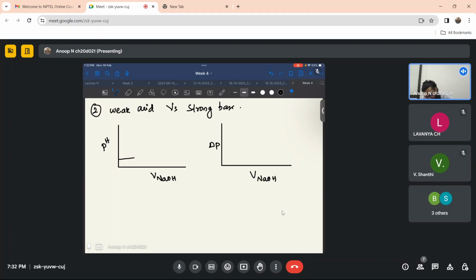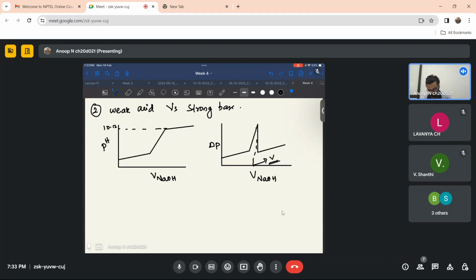Here it won't be that straight, it will be a little tilted. Then we'll have this going up, and it will be around pH 10 to 12. Similarly here also. Similarly, you will get the V.